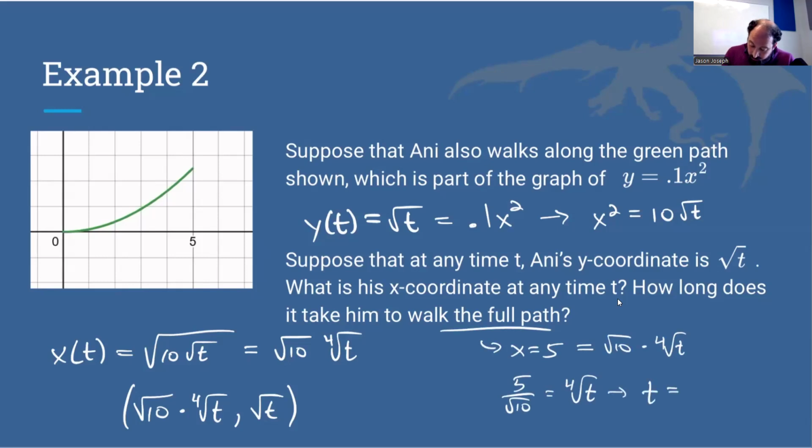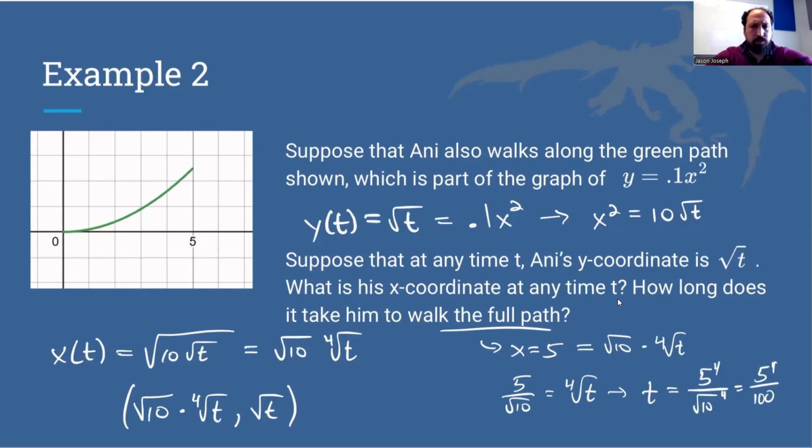So this would be 5 to the fourth divided by square root 10 to the fourth, right? And raising to the fourth is squaring and squaring again. So that's 5 to the fourth over 10 squared, which is 100.